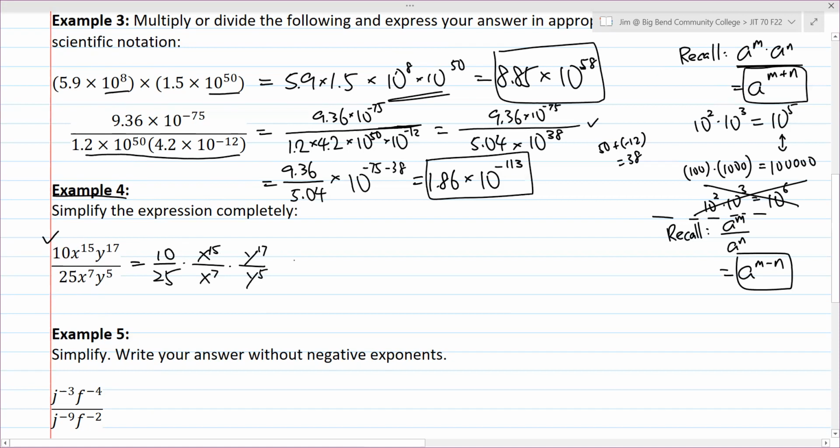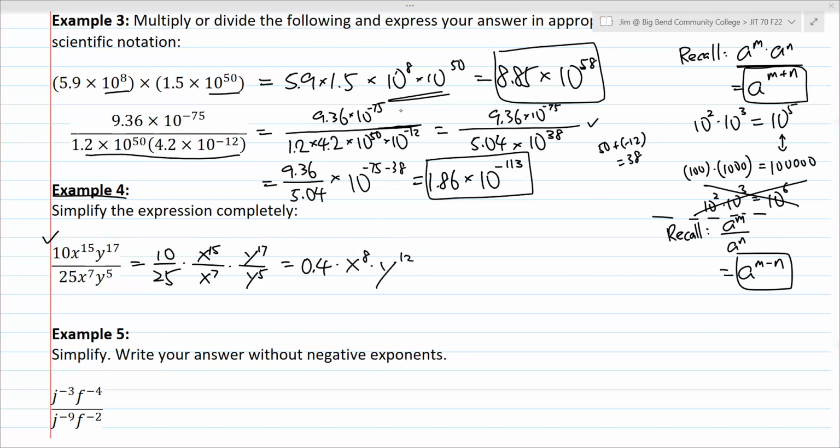Okay, so the quotient rule shows that, first of all, we have 0.4 on the first part, and then we have the x terms, which gives us 15 minus 7, which equals 8. And then the y term has the exponent 17 minus 5, which is 12.